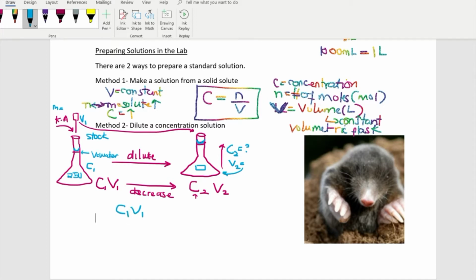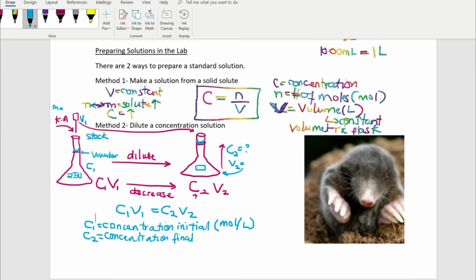where C1 is the initial concentration, measured in moles per liter, and C2 is the final concentration, same unit, moles per liter.